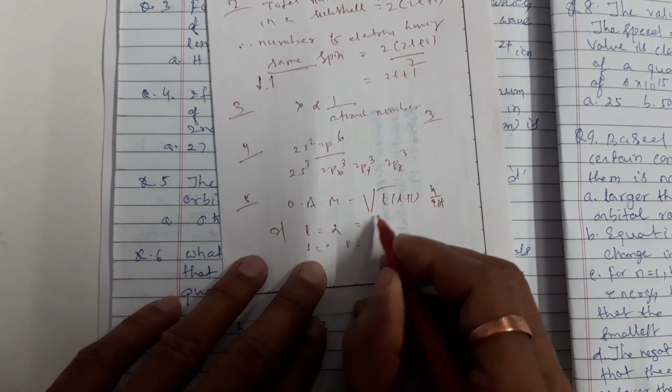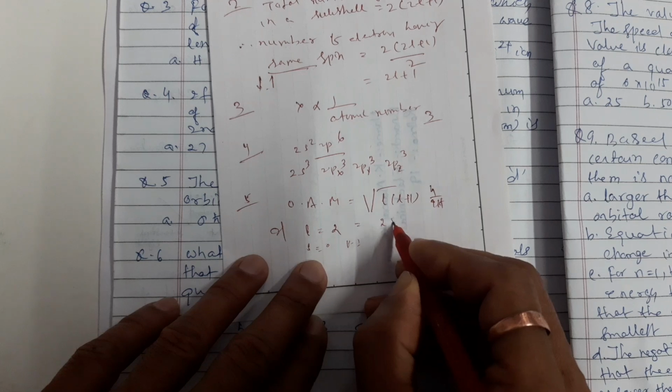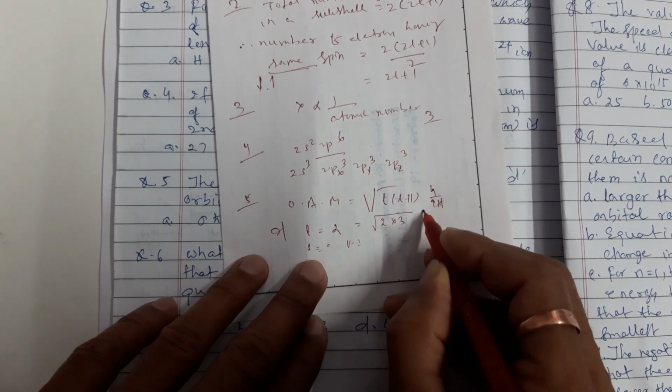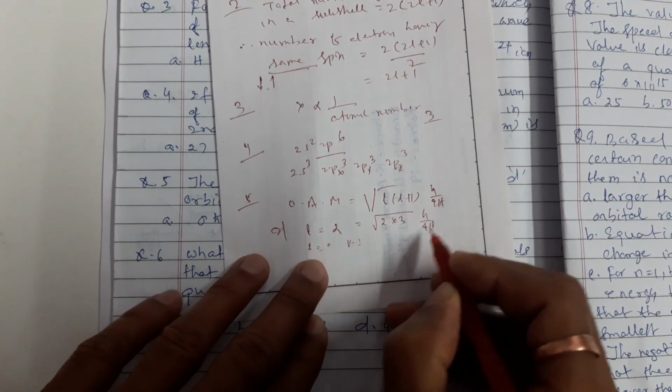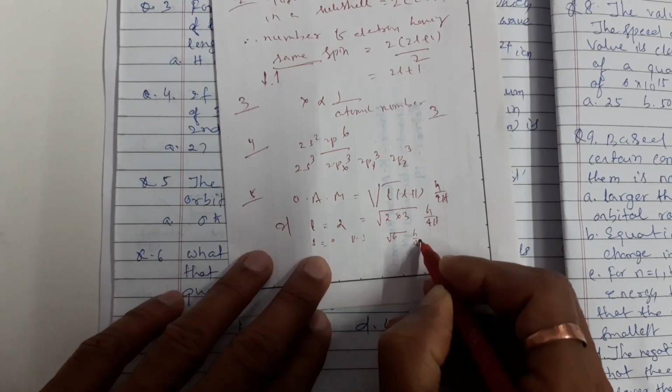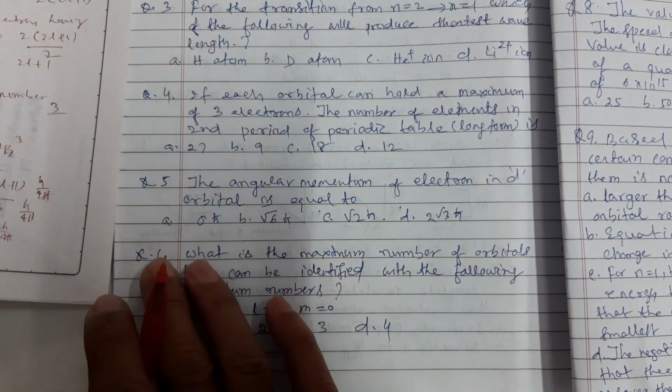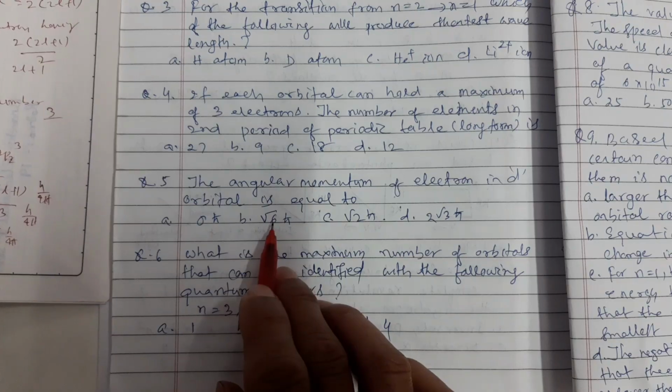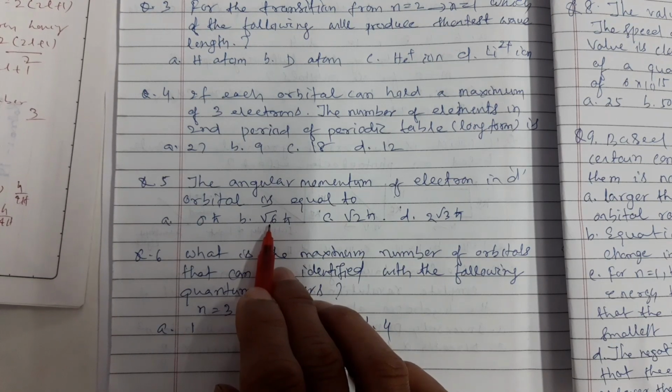So put 2 here: 2 multiplied by 3, root 6, h by 2 pi. So you will get 6. Choice B is the correct answer.